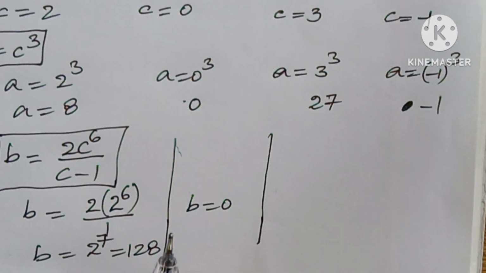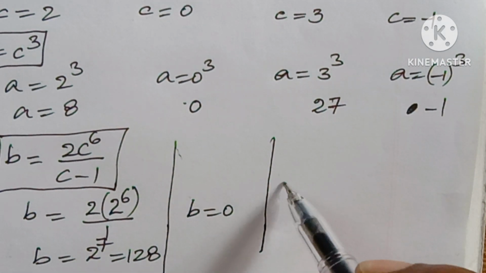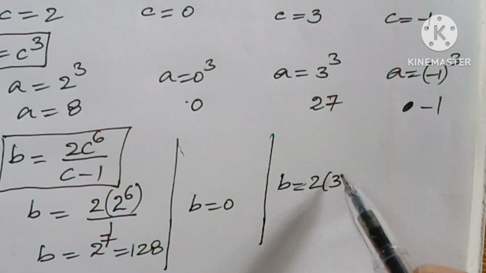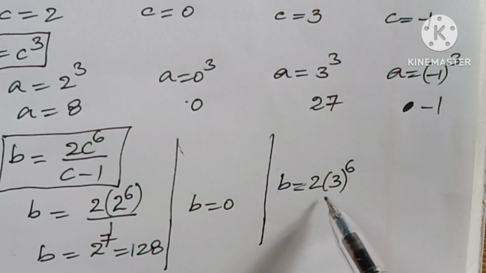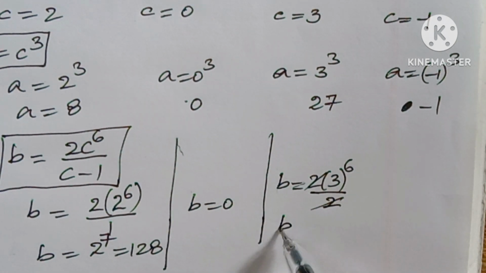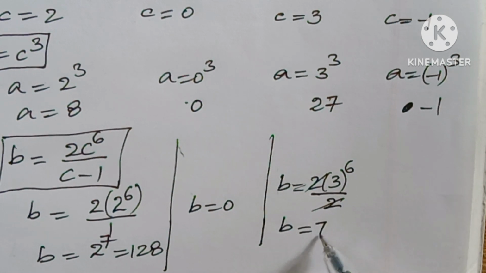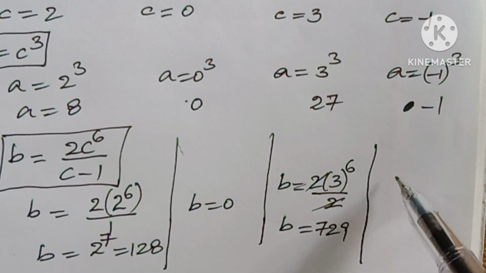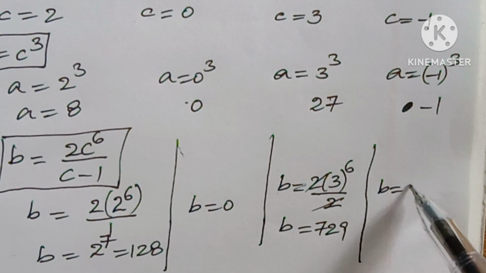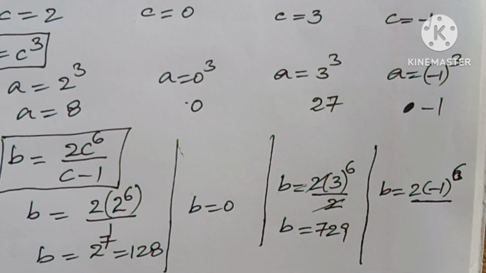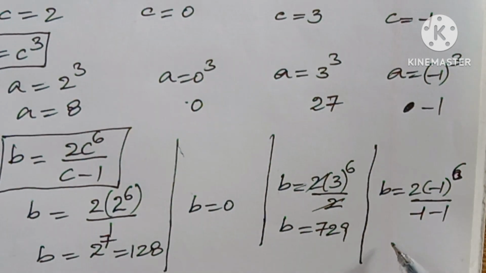If you take the next one, b value will be 2 times 3⁶ by 2. The 2 gets cancelled, b is equal to 729. And if you take the last one, b is equal to 2 times (minus 1)⁶ by (minus 1 minus 1).